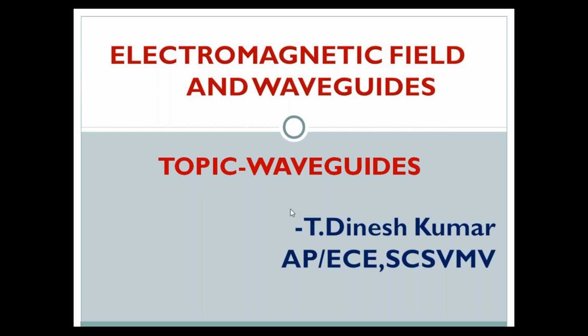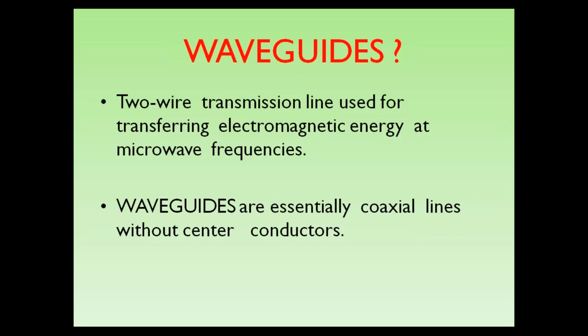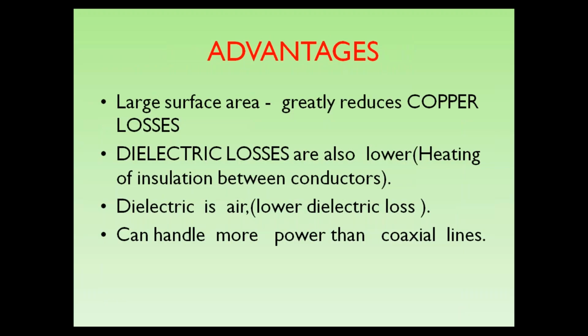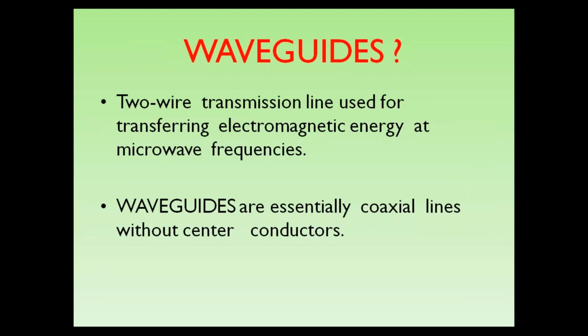So to start with, the topic is waveguides. Waveguides are two-wire transmission line systems that are used for transferring electromagnetic waves from one point to another at microwave frequencies. The waveguides are essentially like coaxial lines where we don't have any core conductor.